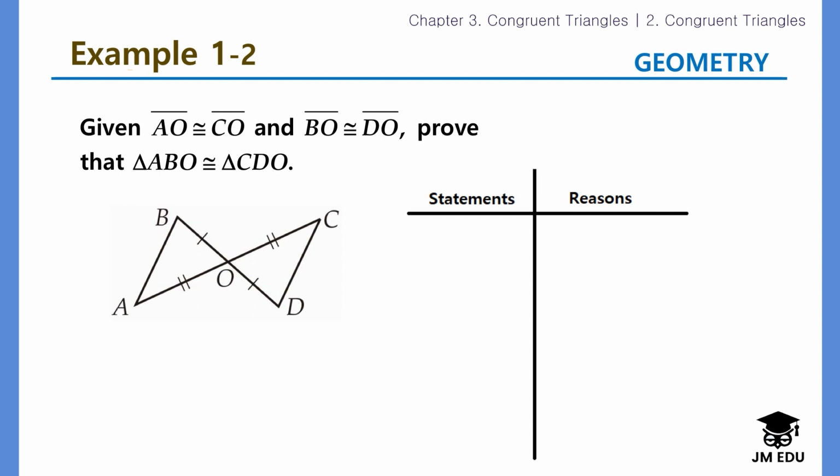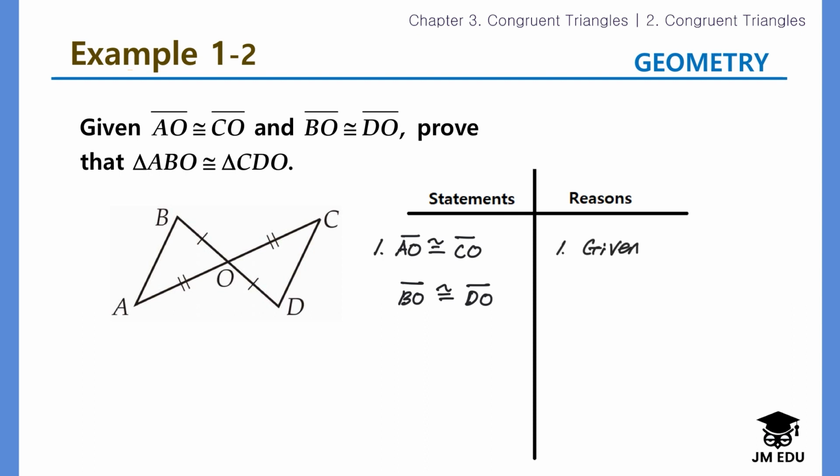Statement: we always start with the given. So number one, given was AO is congruent to CO, and BO is congruent to DO. They're all given.